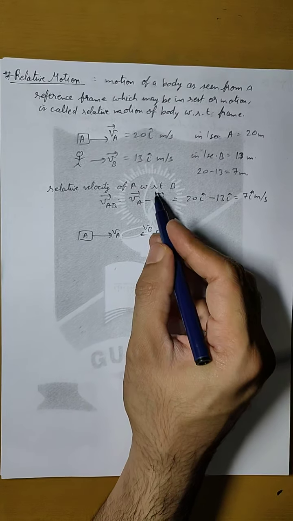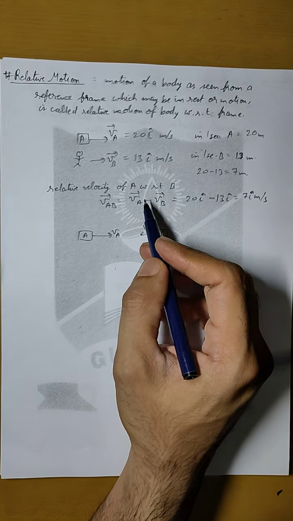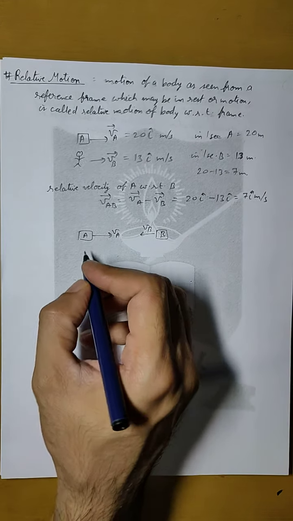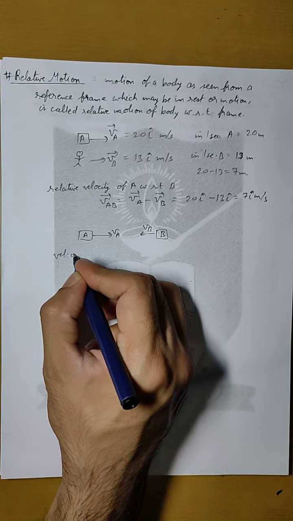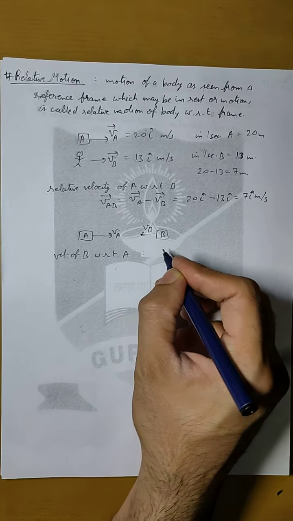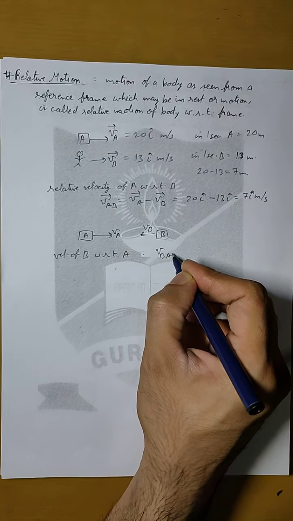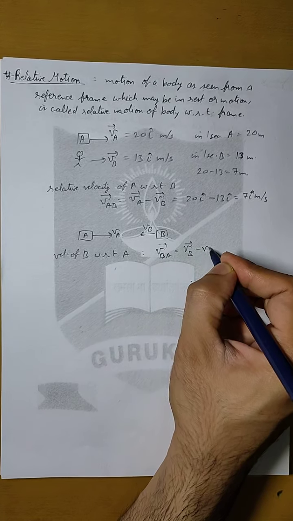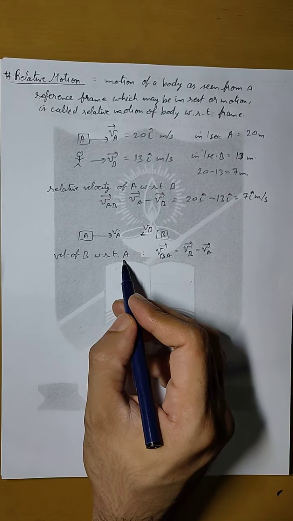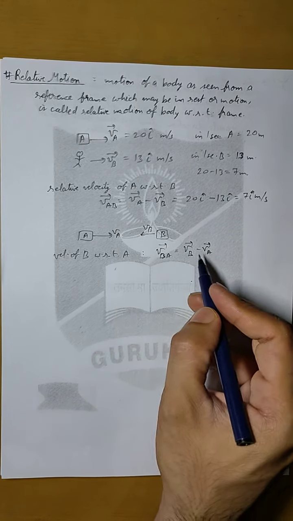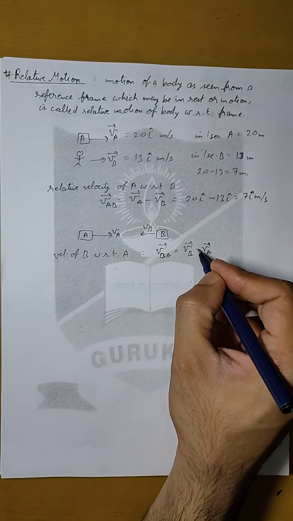Now if we follow the same logic of subtracting the velocity of reference frame, then here the velocity of B with respect to A will be written as VBA, and it will be equal to Vb minus Va, because A is taken as the reference frame. So we are subtracting the velocity of reference frame, so Vb minus Va.